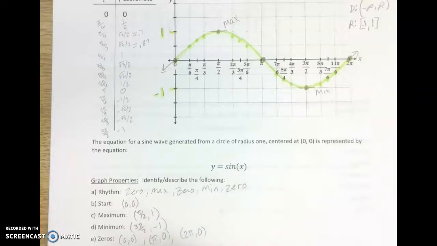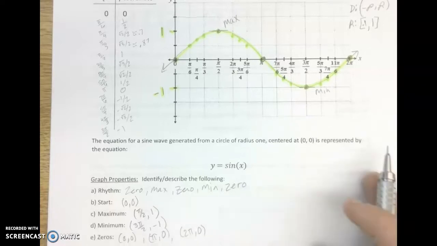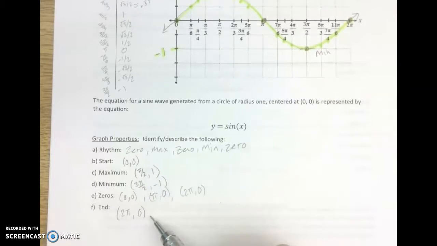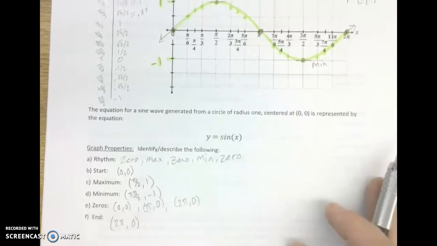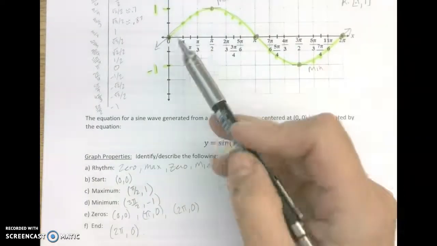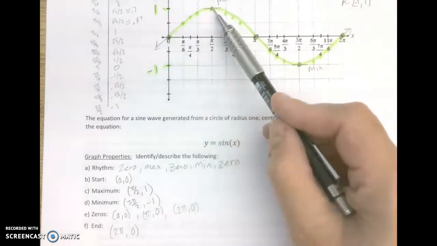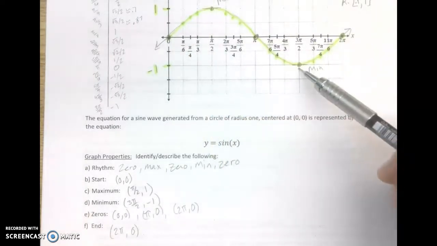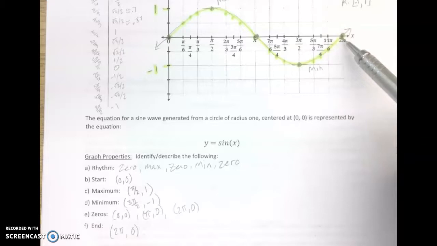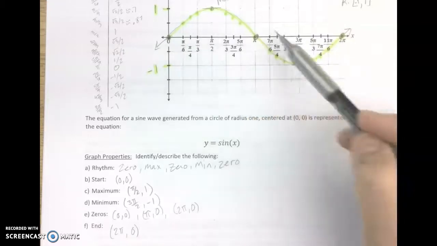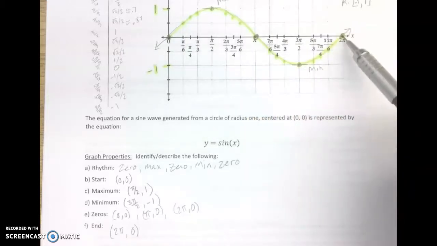We end at 2 pi and 0 for one complete cycle. So we start at 0, 0, then we go to a max, a 0, a min, and then we stop at 2 pi. That completes one cycle for sine.